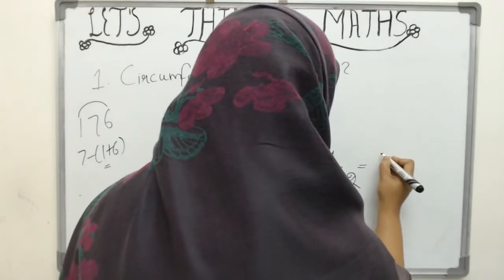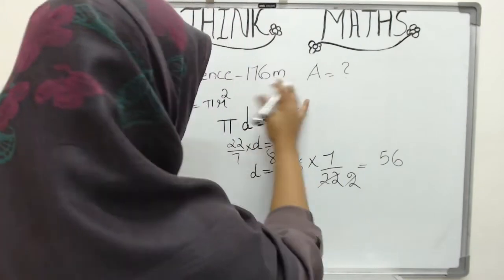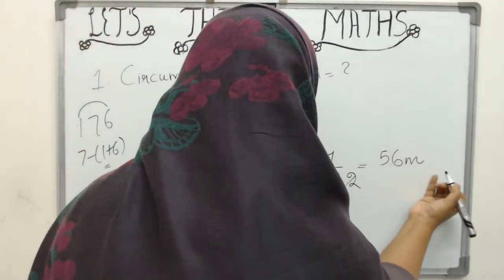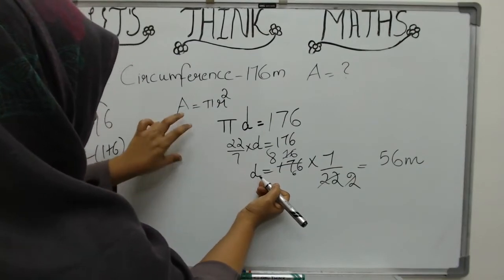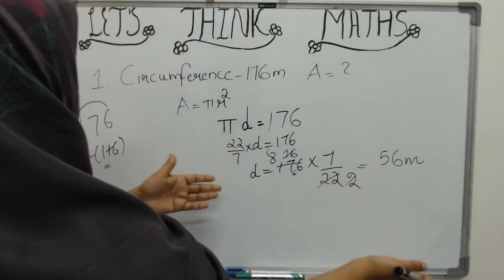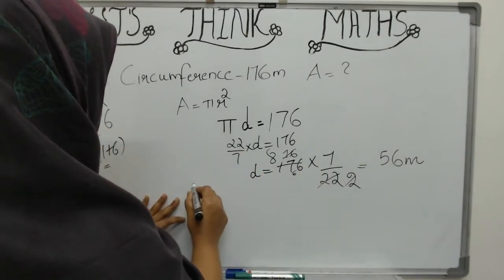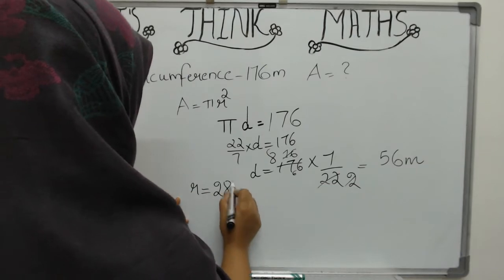So this will be 56 meters. The unit is meters. But this is just the diameter. We actually want the area. If the diameter is 56, then what is its radius? Its radius will be half of it, which is 28 meters.